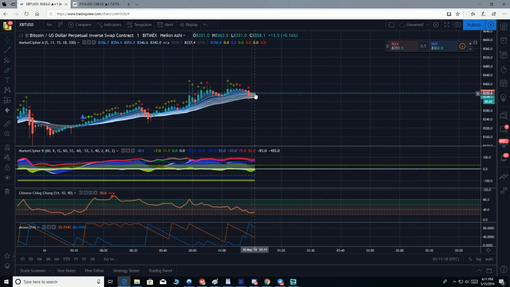If this 1 minute candle closes green, it's actually a really good sign.